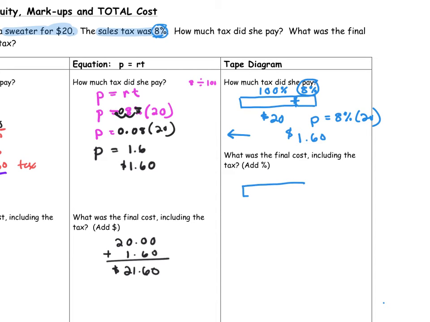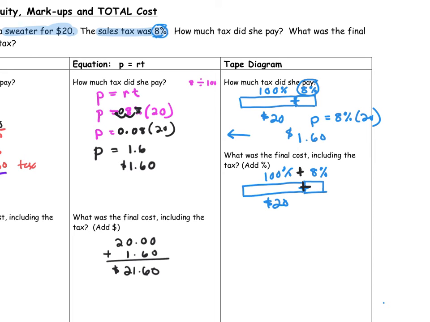However, here's where the tape diagram and the total differs a little bit. Again, if I drew this tape diagram, this is 100% of the total cost of $20. That's what that represents. But we're attaching or adding on to this tape diagram with a little bit more, 8%. And since we're attaching that, that's what we would do with the percents.